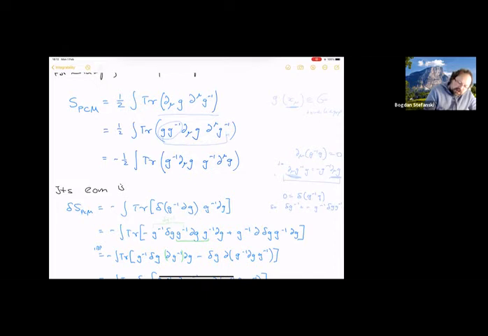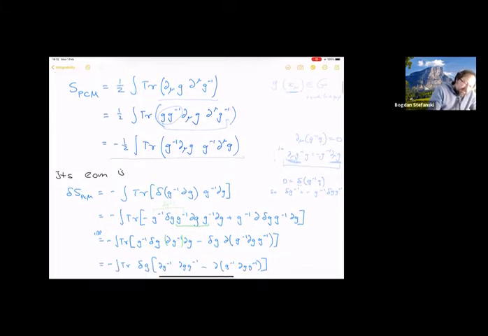You can use it not just with the derivative, but also with the variation in exactly the same way. So finally, we arrive at an action for the principal chiral model, which probably you will recognize from the previous lecture. It's trace JJ. And this is not the coset case where we had G mod H. Here, we just have G. So we have a trivial coset, and that's why we have the full J.